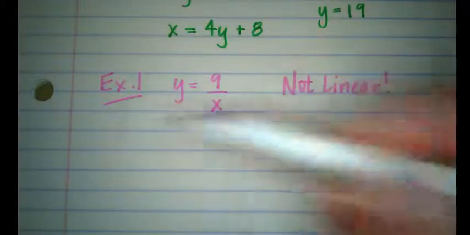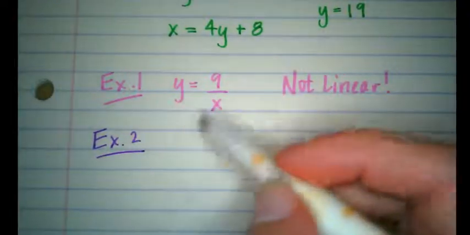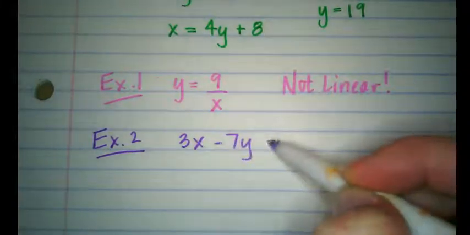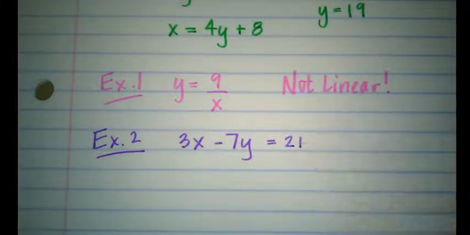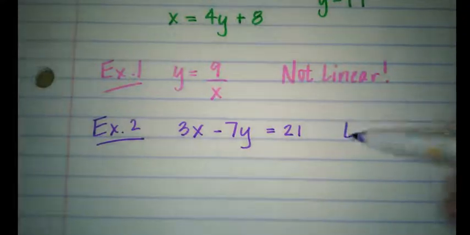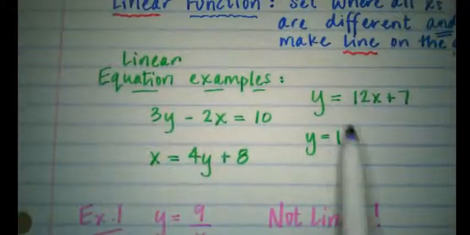All right, another example. Let's say that we had 3x minus 7y equals 21. Well, there aren't any exponents. The x and y are not multiplied together. There's no square roots. We have an x and a y in the equation, and it's not in fraction form, so this one is linear, and it fits some of the examples that we had up here.